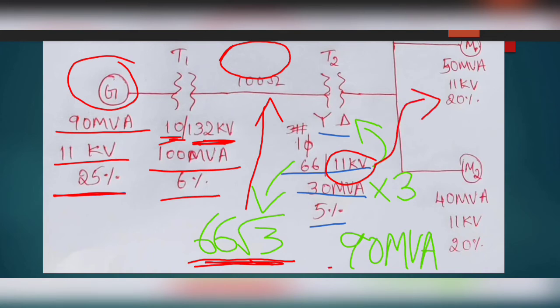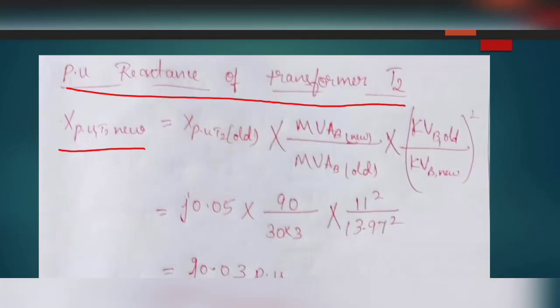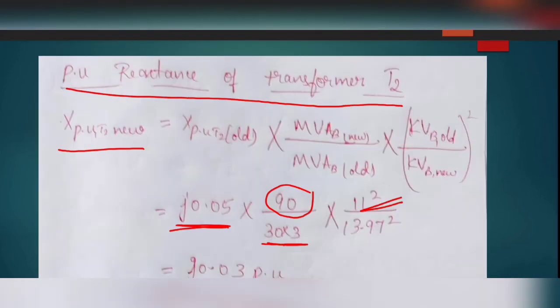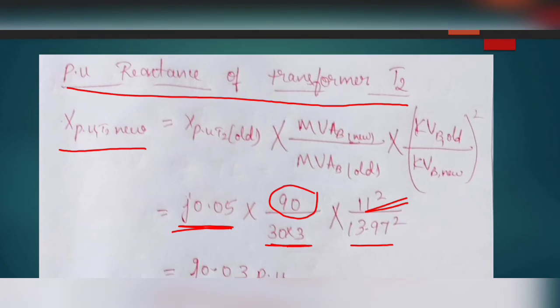The MVA is 90 MVA and reactance is 5%, so j0.05, 11 square, new MVA 90 and new kV base 13.97. After calculating, the value obtained is j0.03 pu.